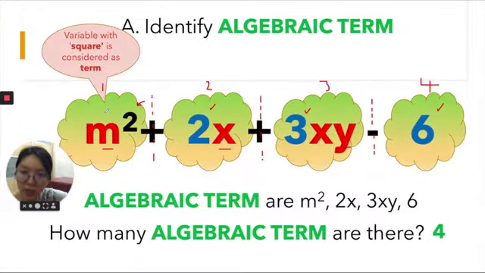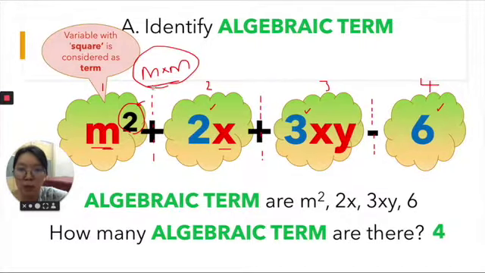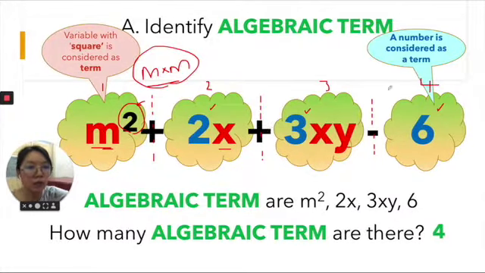So take note, if you have a variable m here, and m is squared, that means you have m times m. This is also considered as a term, including the square itself. These are also considered as a term because it is separated by the plus. And next, if you see a number here, it is also considered as a term.